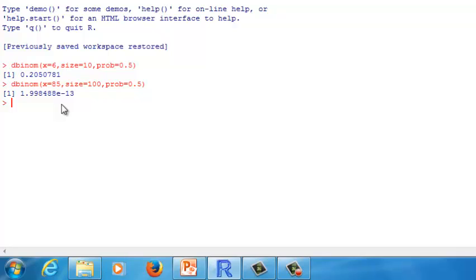This means even though the probability for a customer to purchase product ABC is 50%, if you want to get a group of customers who will buy product ABC at the same time, the probability is very small. The probability for 85 out of 100 customers to buy product ABC is so small that it's very close to zero.